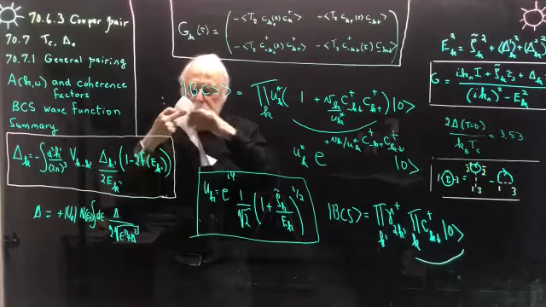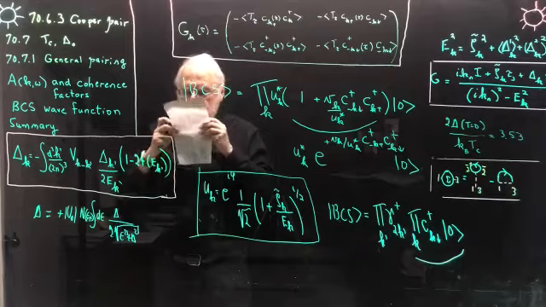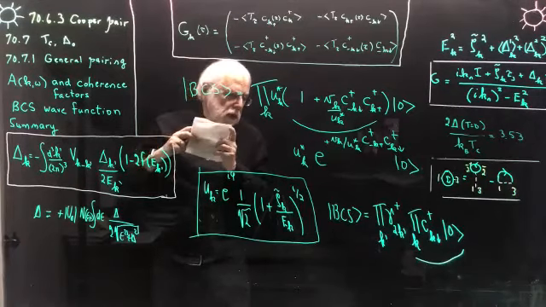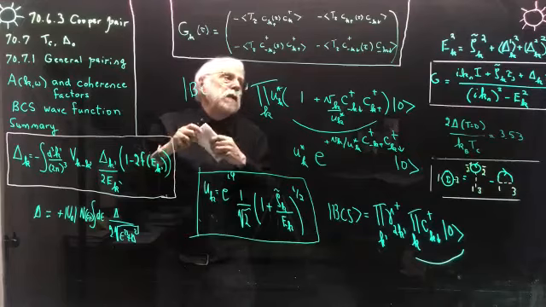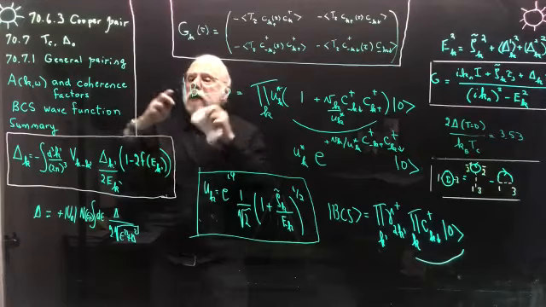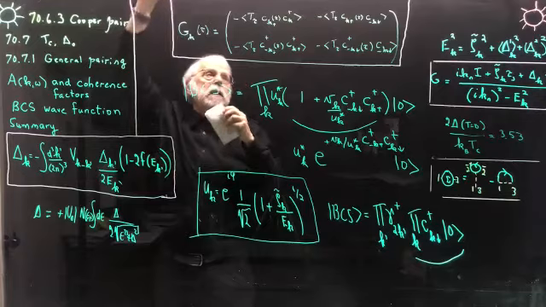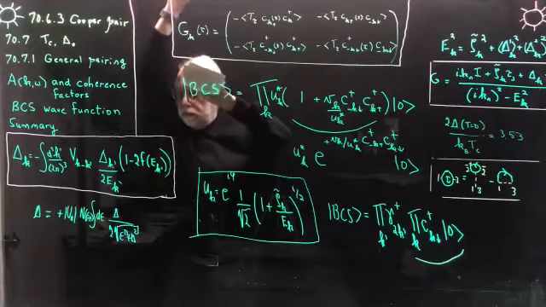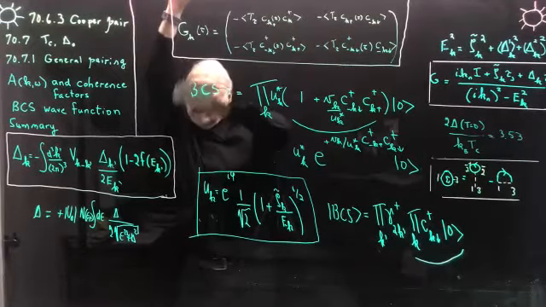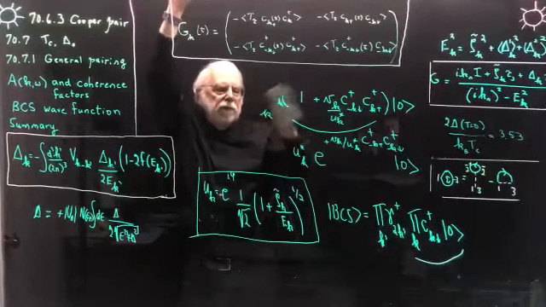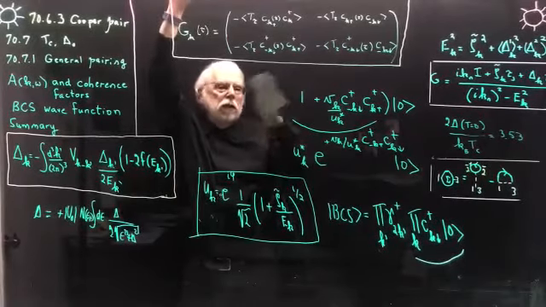I'm sorry, that was a little bit fast on BCS theory, but I assume you have seen it in other classes. It's just another way of redoing it within this formalism. The only thing I need to tell you now is what happens if there are repulsive forces.